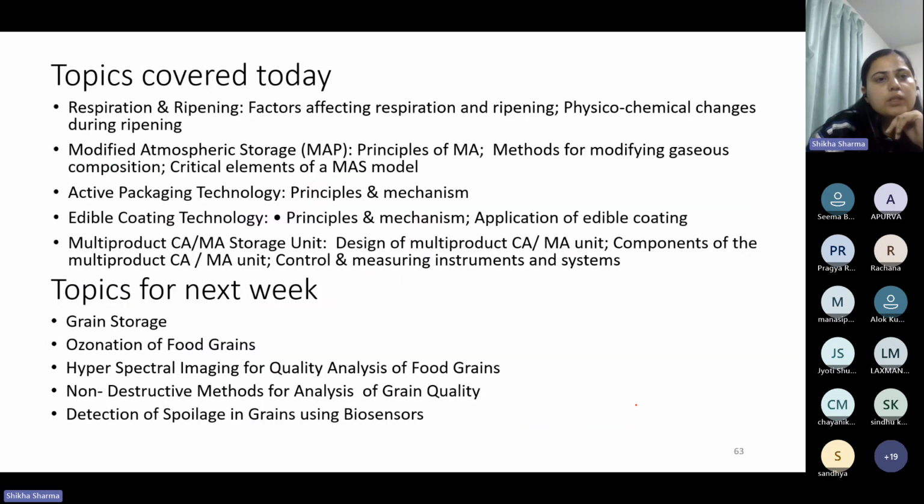So today we discussed respiration and ripening, factors affecting respiration and ripening, and the physiochemical changes associated with ripening. We covered modified atmospheric storage, the principle of modified atmosphere and the methods for modifying the gas composition.